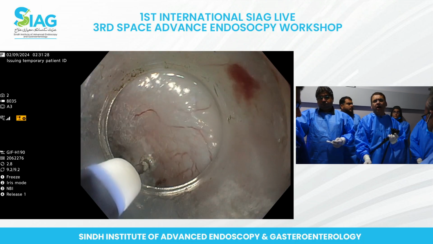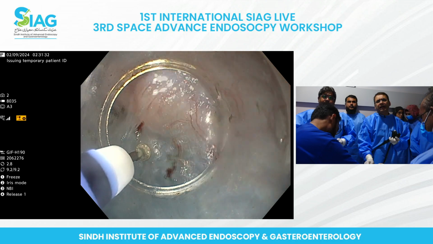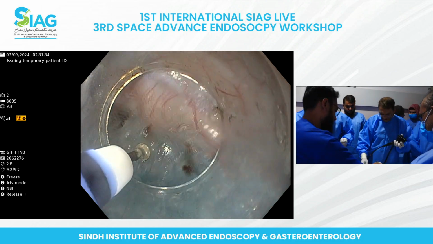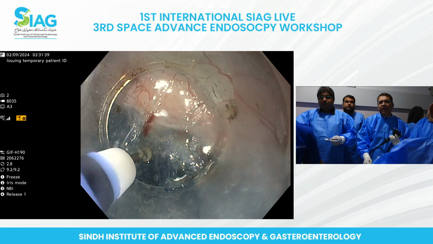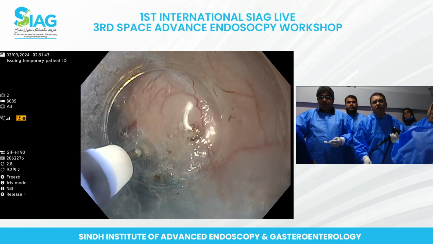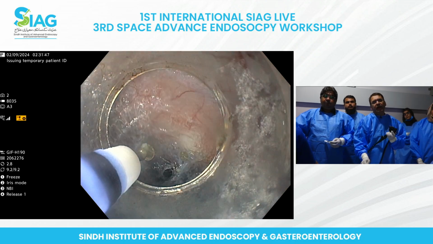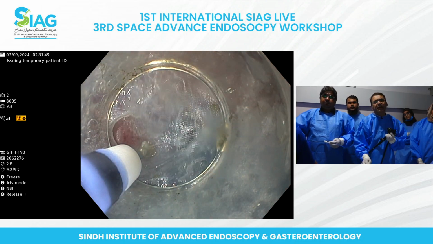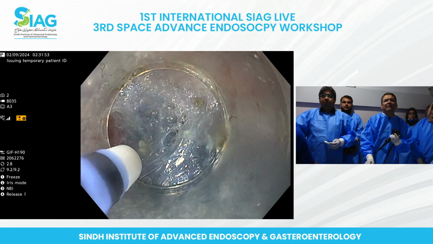You see how I'm extending myself down there, and honestly, I have done already half of my tunneling. Hopefully it would not take too long, and we have not encountered any big vessel. I just want to make sure there's no vessel right here. I will inject.